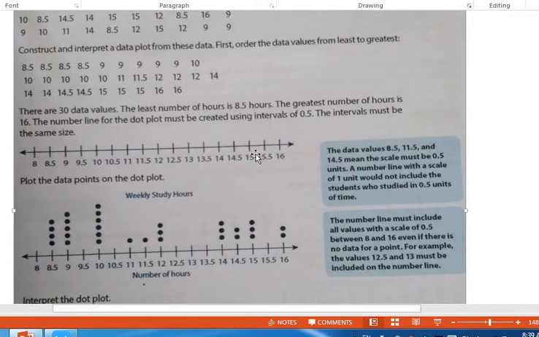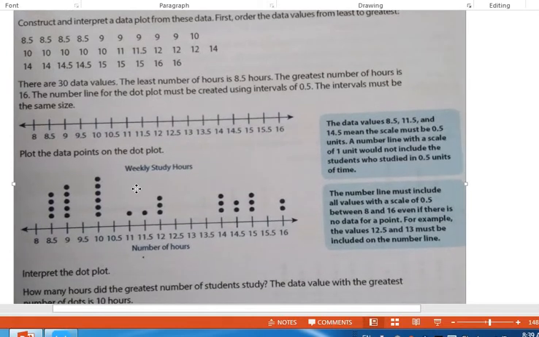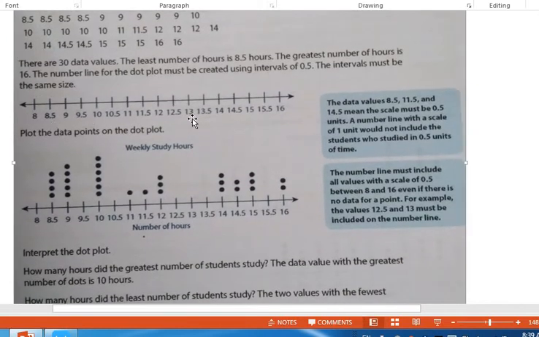Then plot the data points on the dot plot.